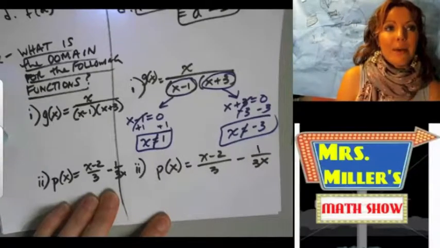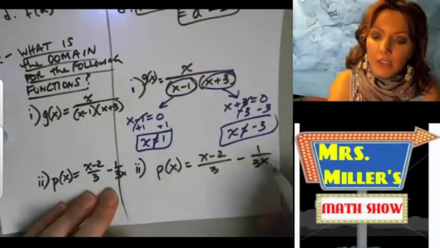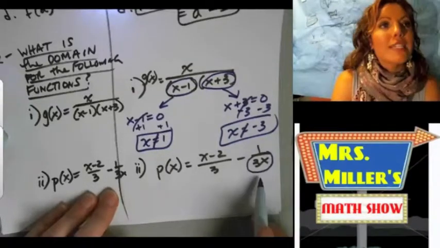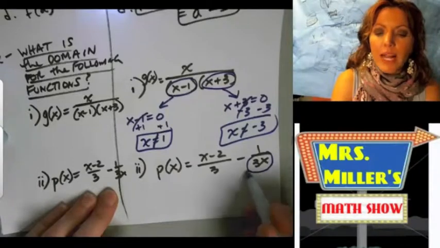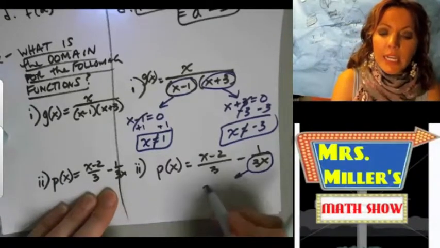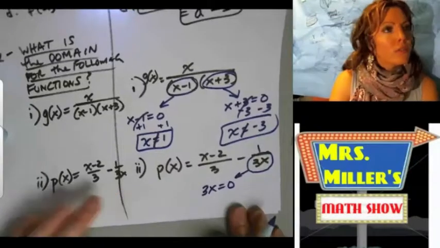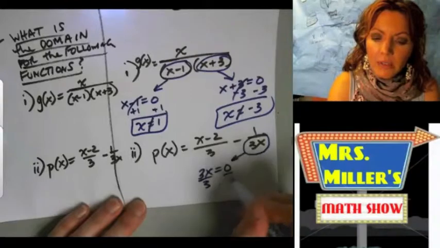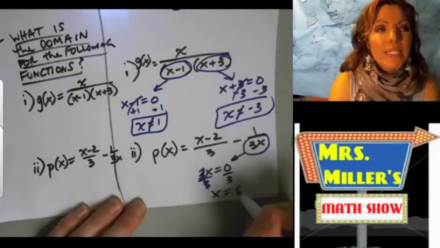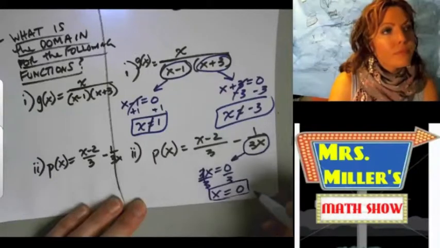So the only piece of this whole lovely looking equation that we have to focus on is the 3x. What did we do in the last one? Set it equal to 0. So 3 times x equals 0. Well, how do we get x by itself? Divide by 3. So can x equal 0? x does not equal 0.